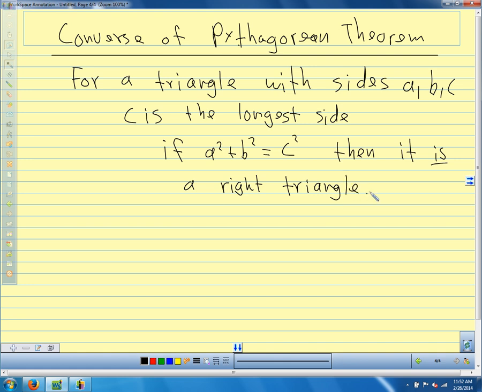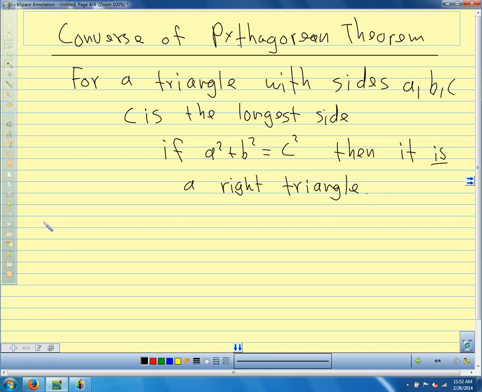So this gives us a way to figure out if we have 3 side lengths, do we have a right triangle? With the Pythagorean triples, we already know those make a right triangle. But if we're given random numbers like the ones Jordan gave us earlier, that's how we test if we have a right triangle.